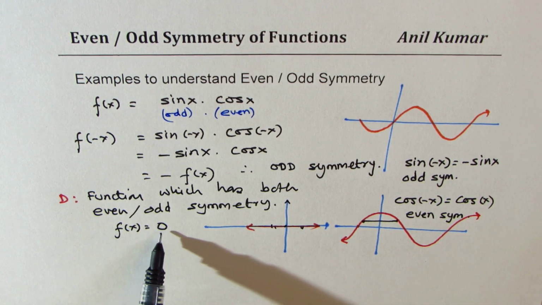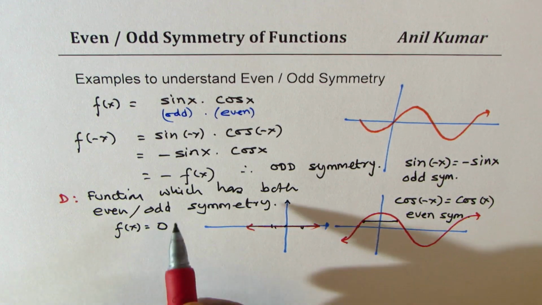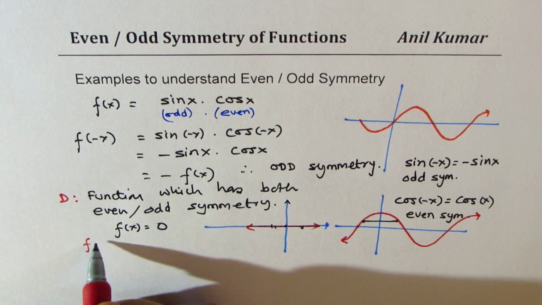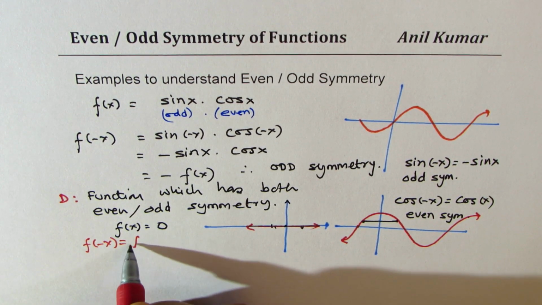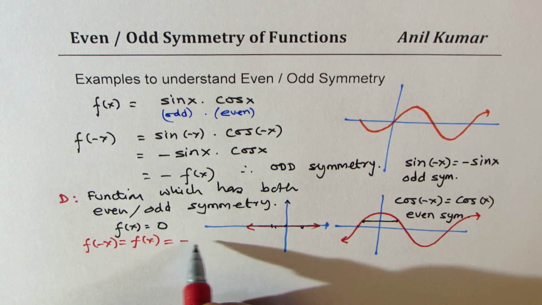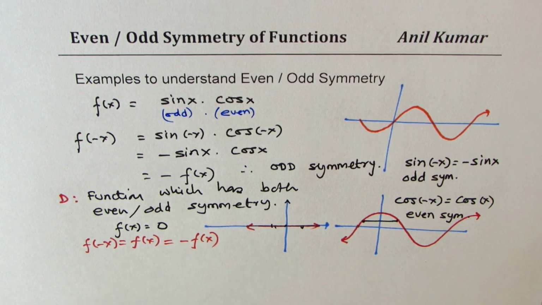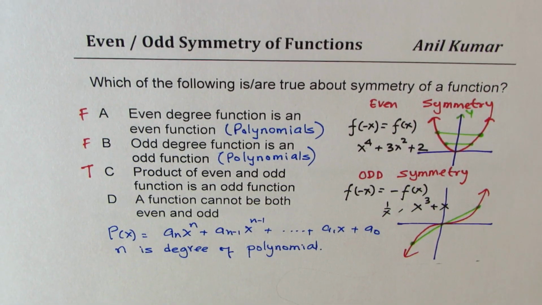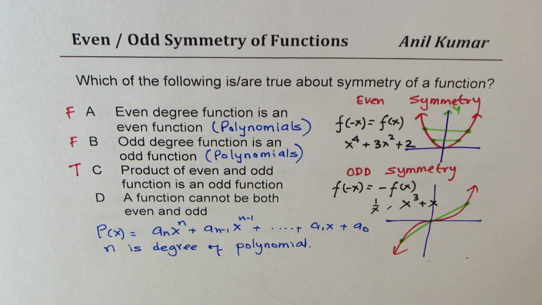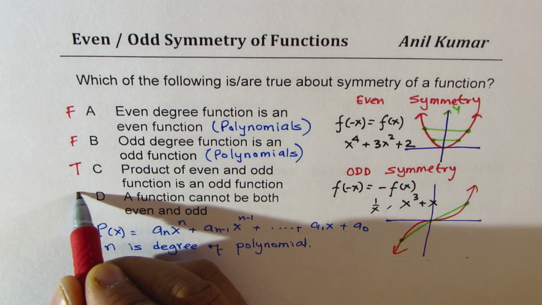So f of x equals 0 is having both symmetries. So here f of minus x is equal to f of x, and which is also equal to minus of f of x. And therefore we do have a function which has both the symmetries, right? Which is f of x equals 0. So this statement is false.